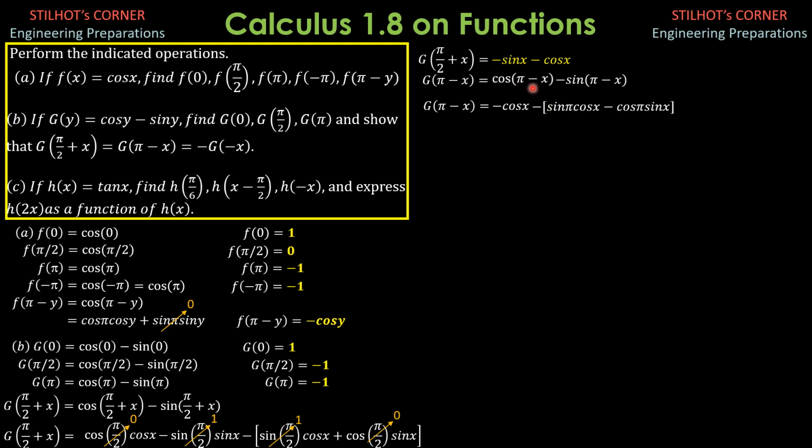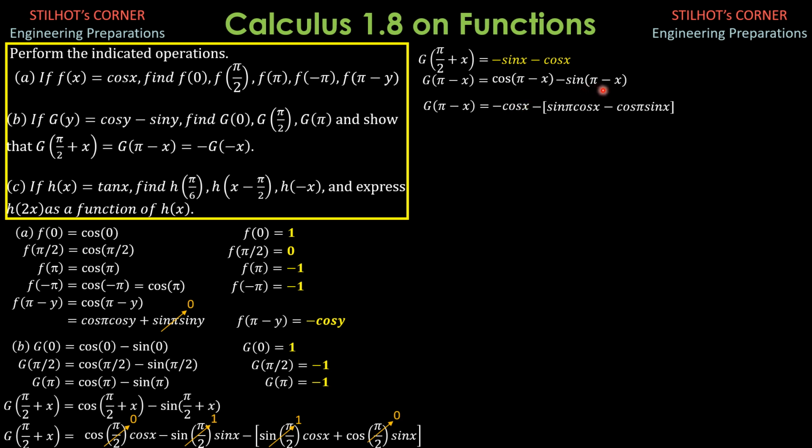Since cosine of pi minus x is like here, cosine of pi minus y, which is negative cosine y, so cosine of pi minus x is negative cosine x. That's why I just put cosine of pi minus x directly from the previous experience.